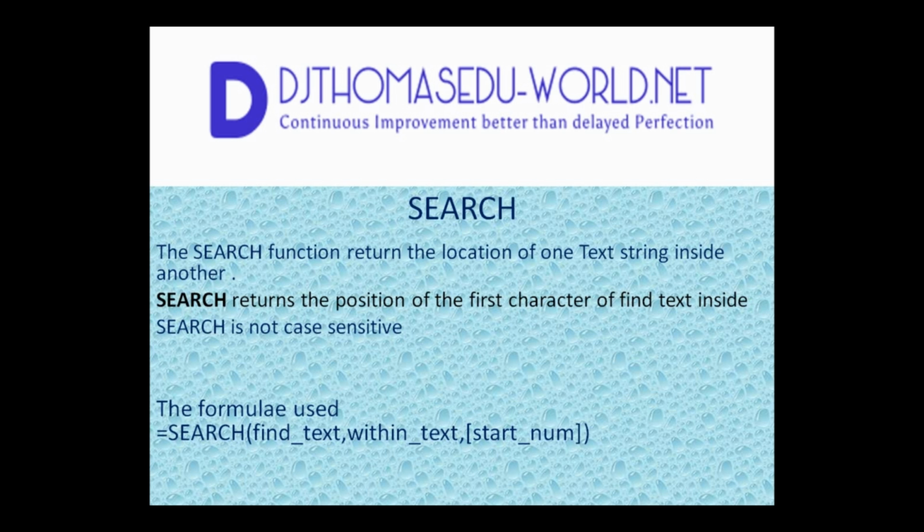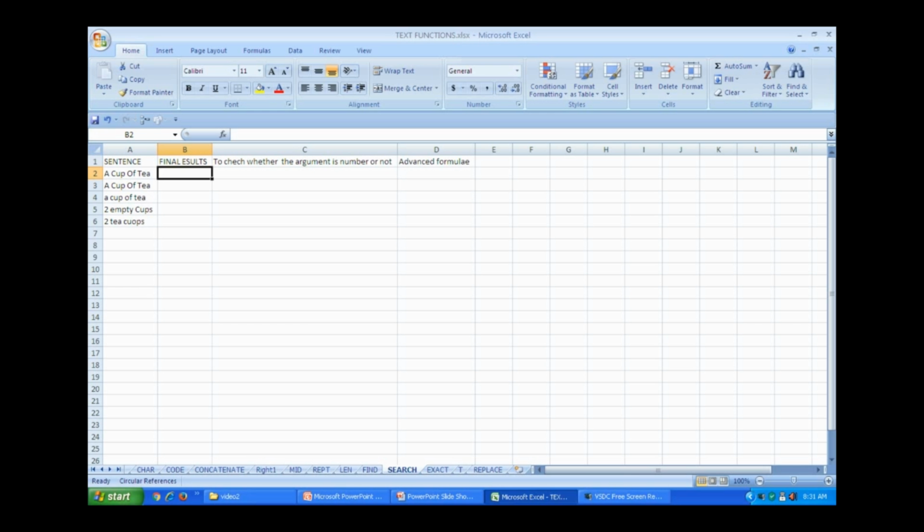Let's see with the help of an Excel spreadsheet how it is done. Now I have a spreadsheet. Column A has a few sentences typed. In column B I need to find, with the help of a SEARCH function, the position of a text. I'll use equals SEARCH, click on SEARCH, it opens a bracket.